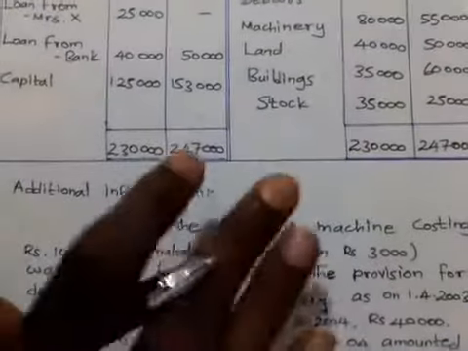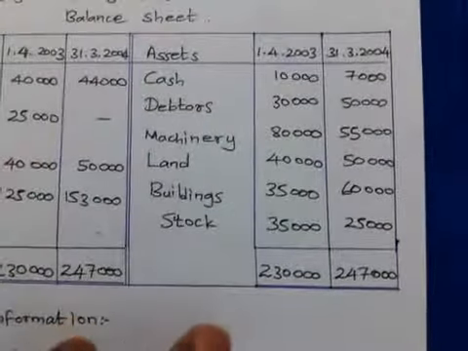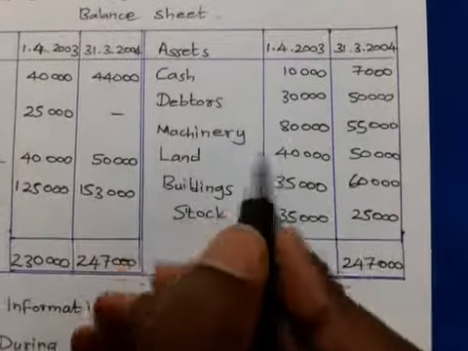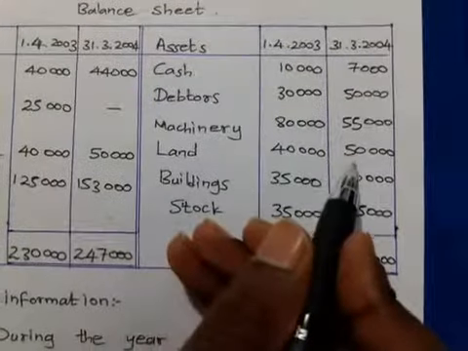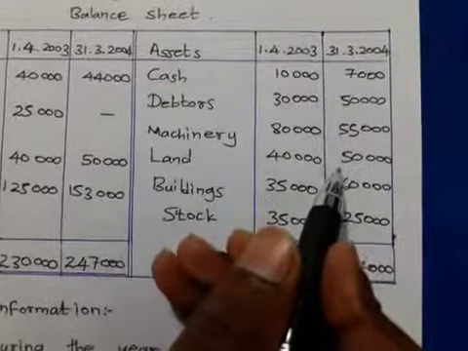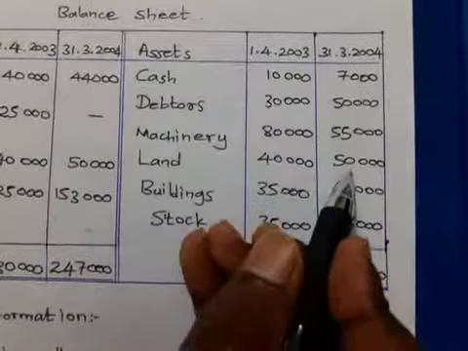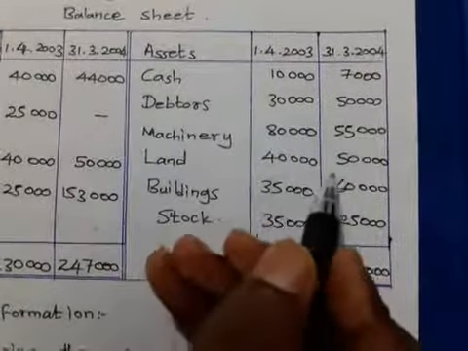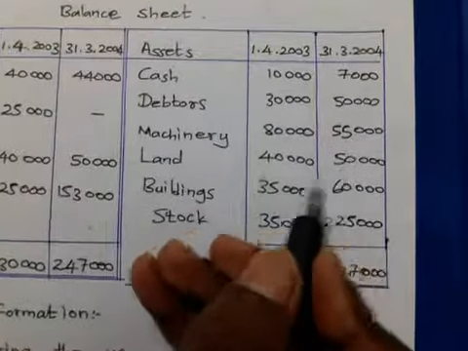In other cases, we have to check the balance sheet. Machinery is already recorded. Land increased. So land purchased, because opening balance 40,000, closing balance 50,000. There is no depreciation given on land.